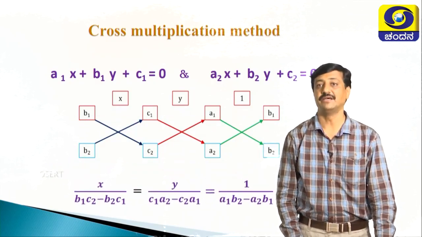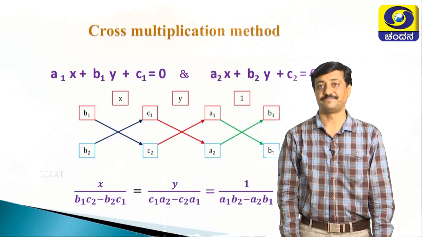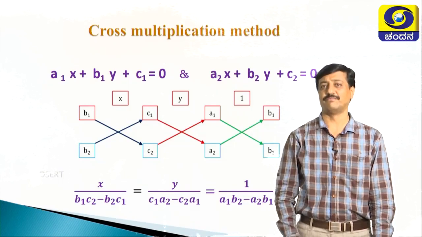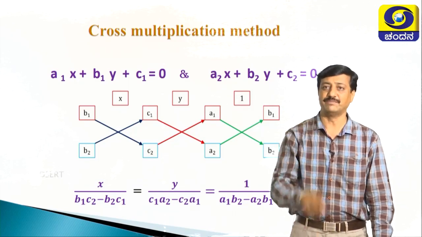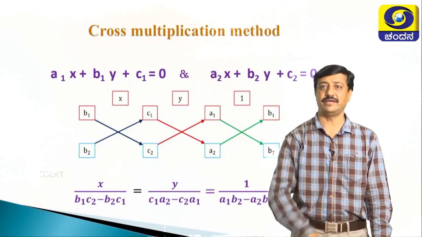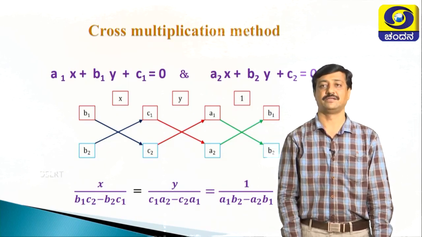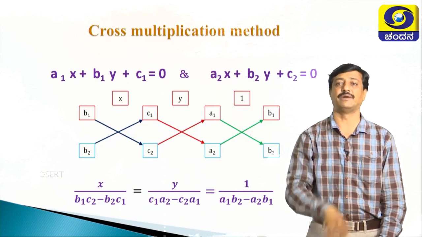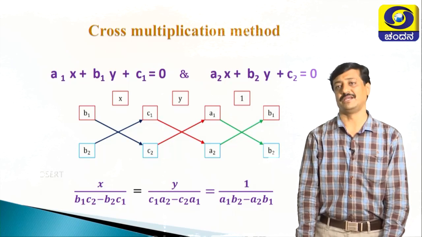After taking, we get the three ratios. x divided by B1 C2 minus B2 C1 is equal to y divided by C1 A2 minus C2 A1. Finally, 1 divided by A1 B2 minus A2 B1.